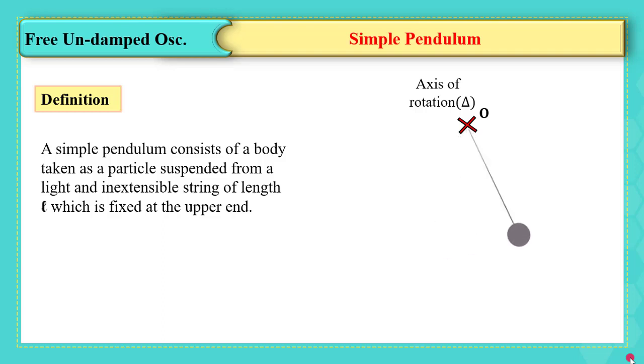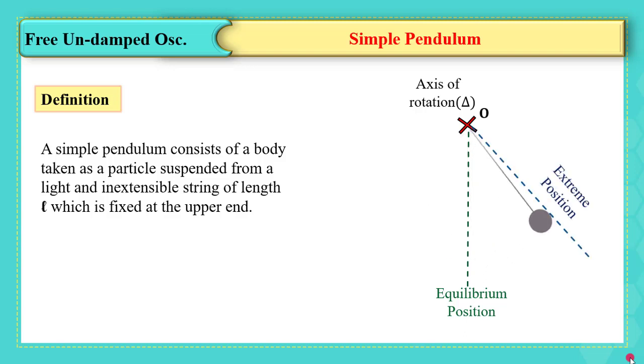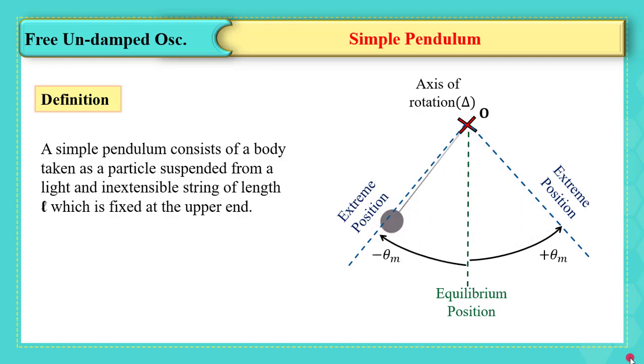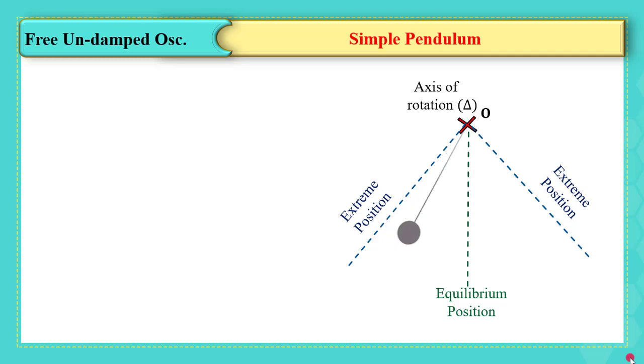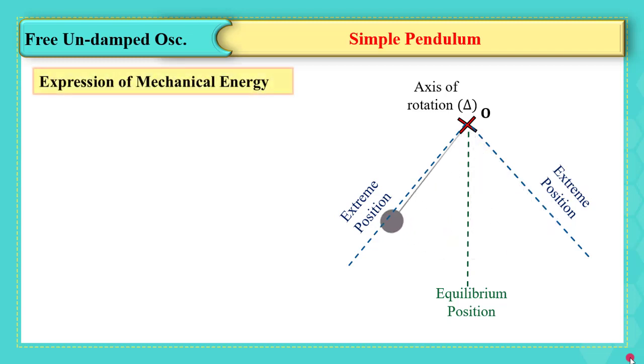The pendulum rotates in the vertical plane around the horizontal axis of rotation, which passes through the upper end of the string at point O. Then, this pendulum performs oscillations between the two extreme positions, theta maximum and minus theta maximum, and around its equilibrium position.